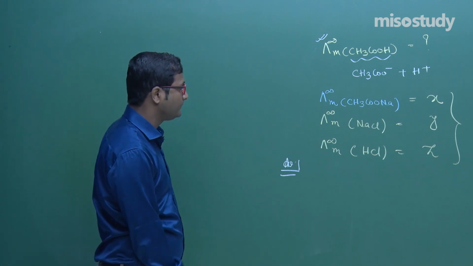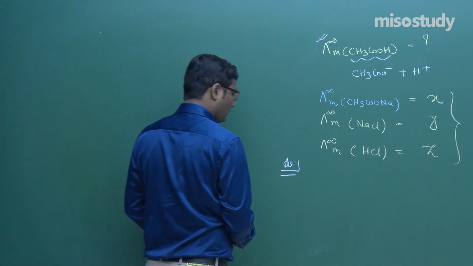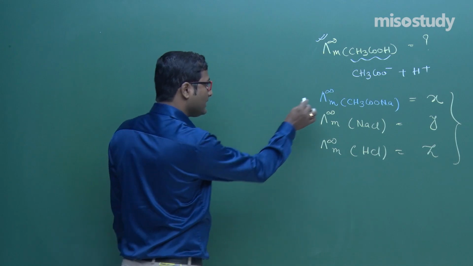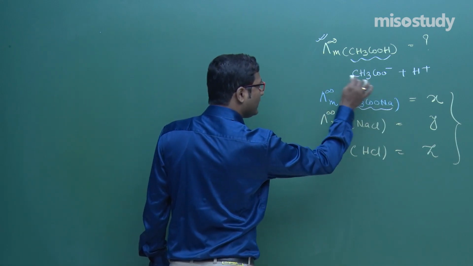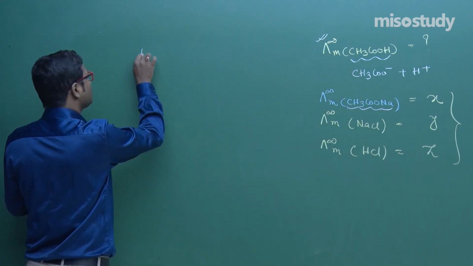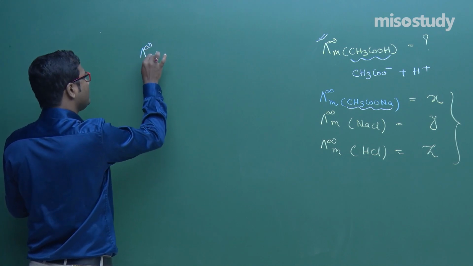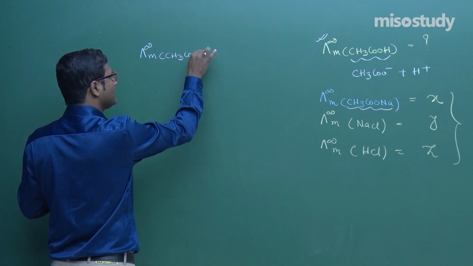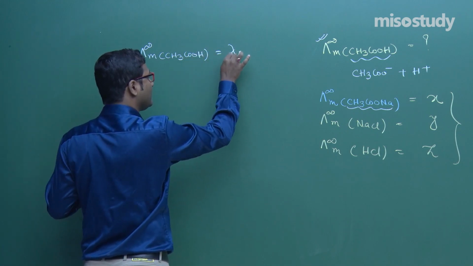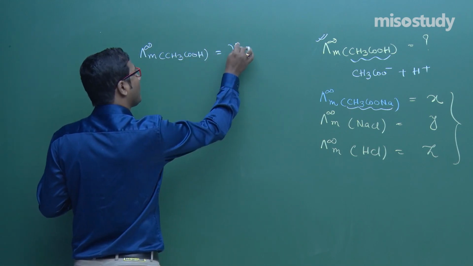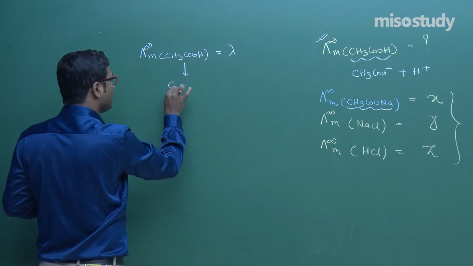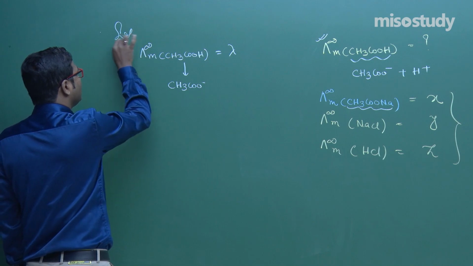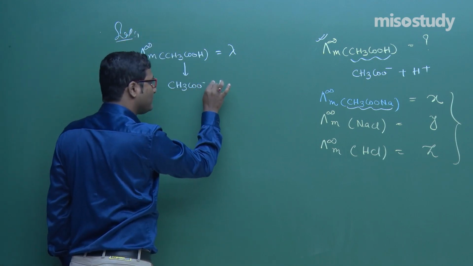Now listen carefully. As we know, wait, I need a space. So listen, this is the molar conductivity, and if anyone asks you the molar conductivity of CH3COOH, this is the case, my friend, it can be represented like this. That is, this will break like this, my friend, CH3COO minus and H plus.